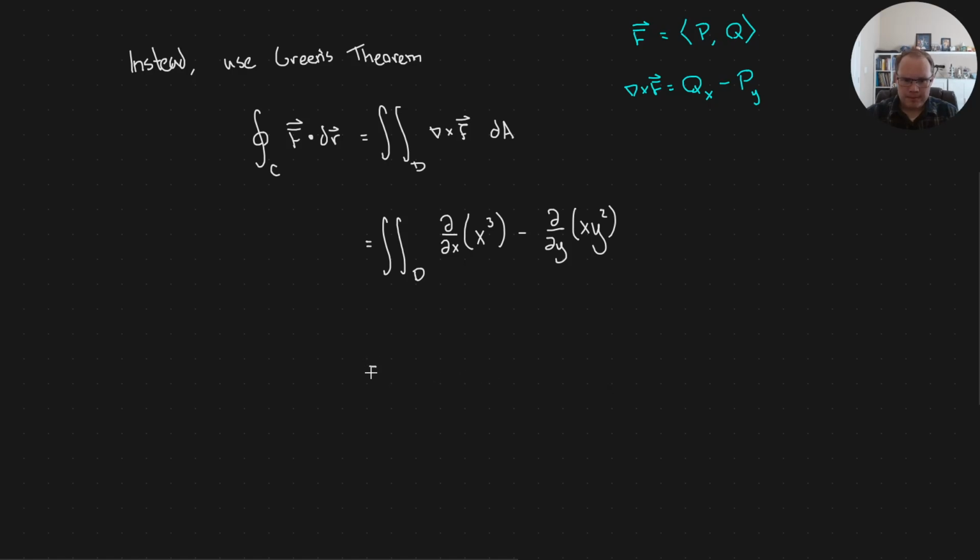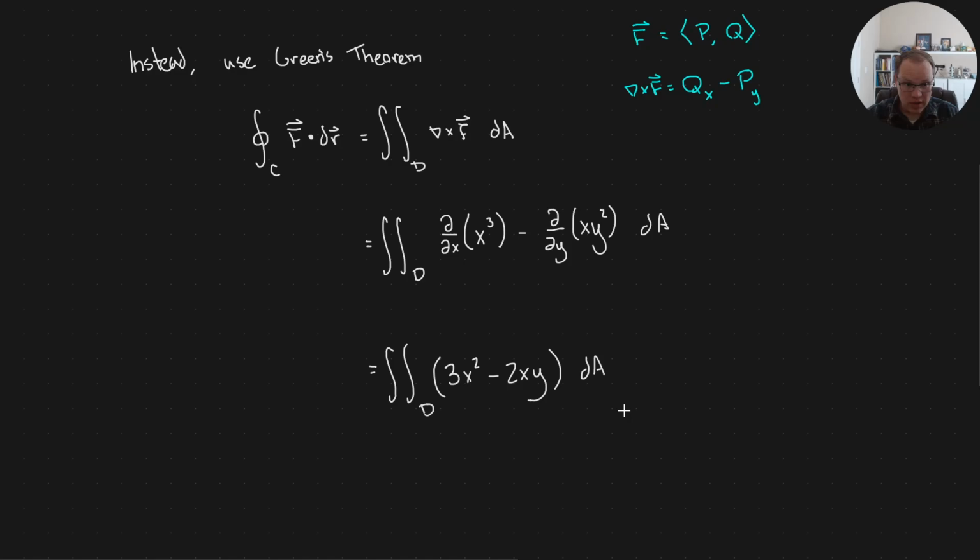Okay? Integrated over the area. So I get 3x squared minus 2xy. And then just integrate it over region D.